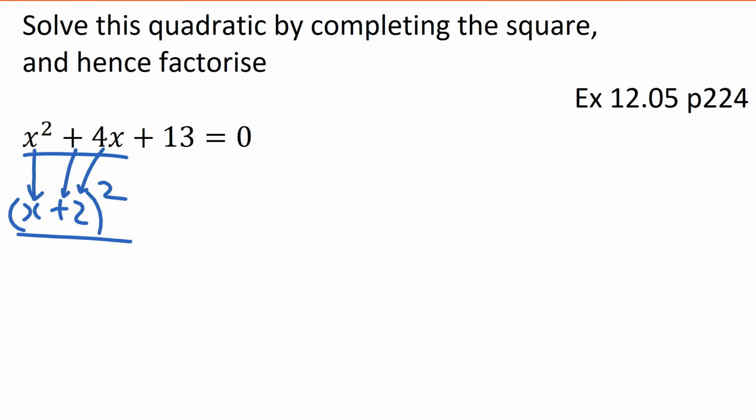Does that make sense? Now if I expand this, that's what I get, isn't it? So what do I need to add to this to give me the 13? 9.